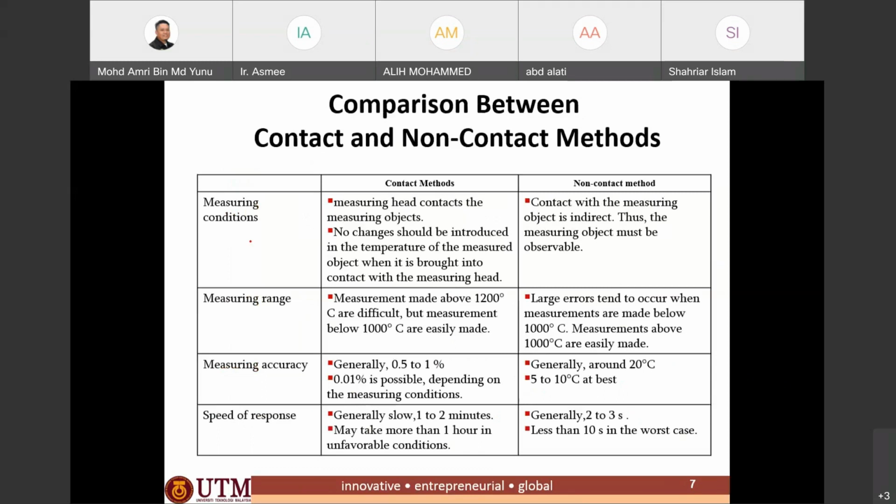For example, in terms of the condition, for the contact method we must have direct access to the object, where some contact must be made so that the heat energy can be transferred to the sensing element. And no changes should be introduced in the temperature of the measured object.